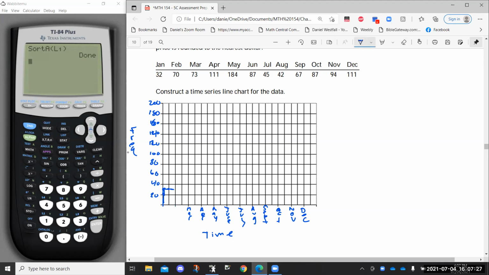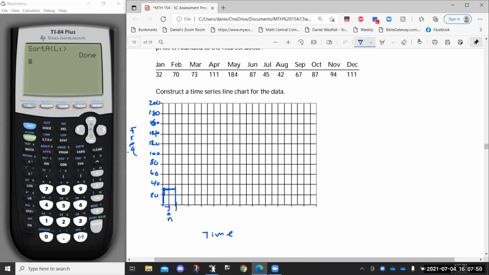Sorry. This should have been January here in the middle. I'm just going to make them right, and you can label them yourself. Put the name of the month in the middle, though. That's why I had extra room over there.